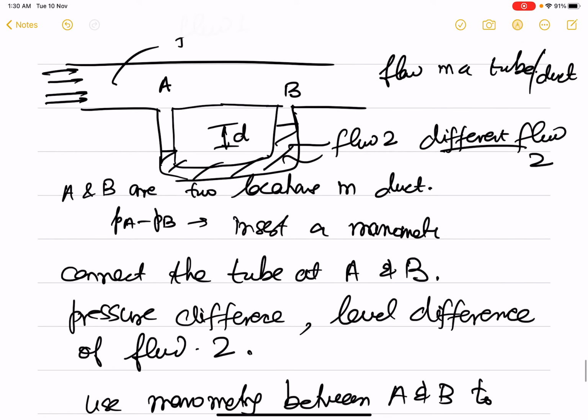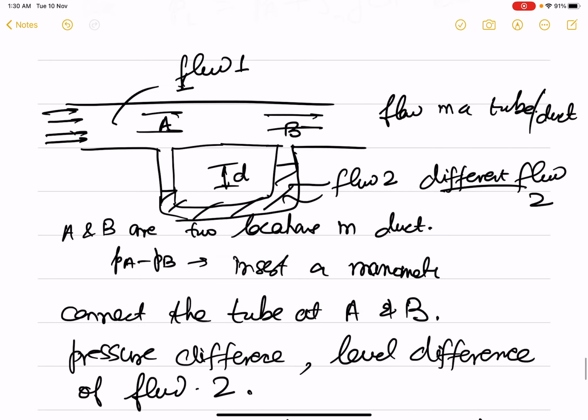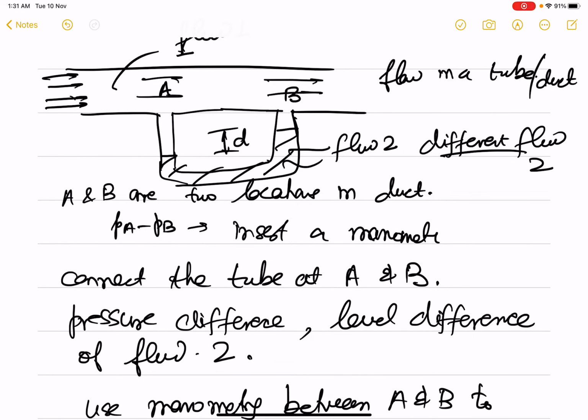So let's look at this picture again. The fluid 1 is flowing from A to B. So this is flowing here from A to B. Then the question which is being asked is, can we use manometry equations which are equations for static?